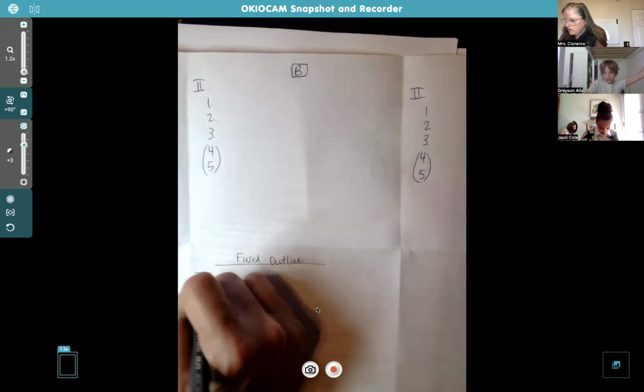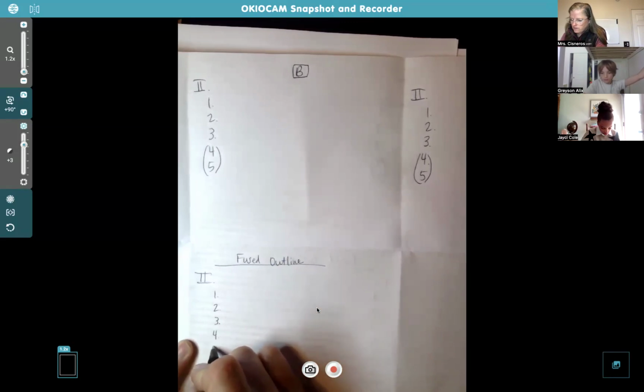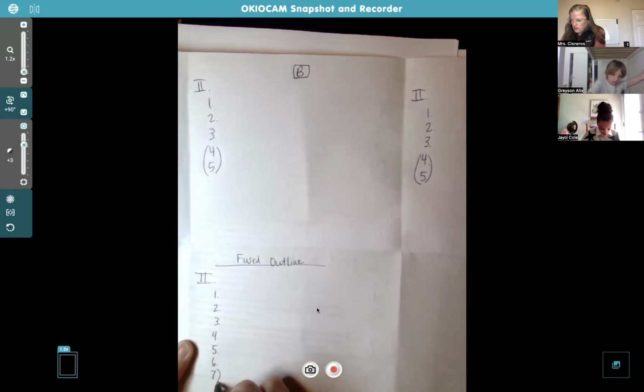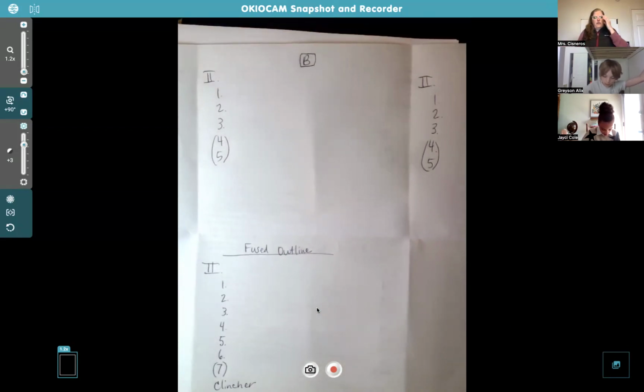Roman numeral 2 is going to be 1 through 7. And 7 is optional. So I'm going to put parentheses around that one and then that word puncher. And that's all we need on the back.